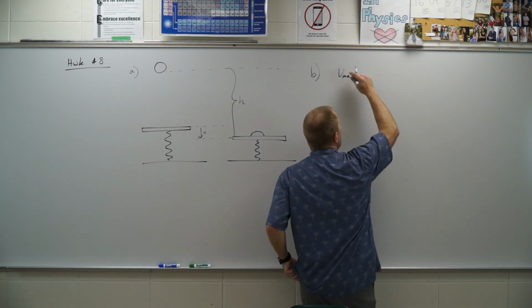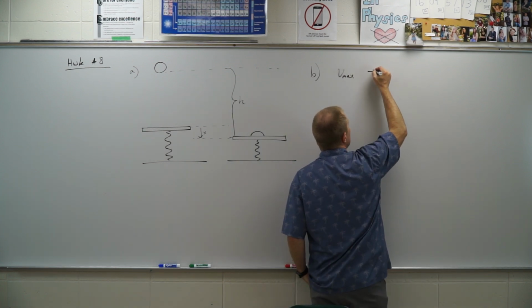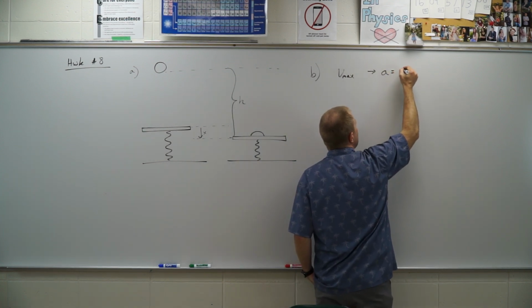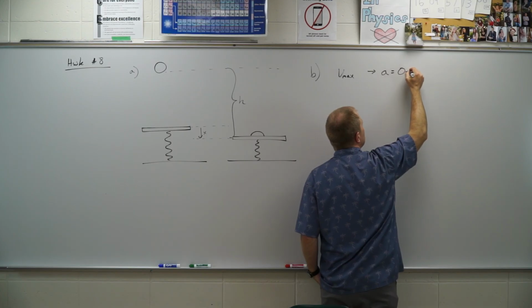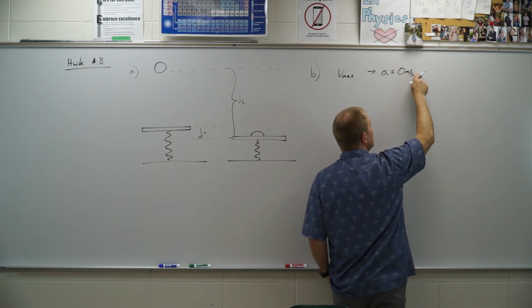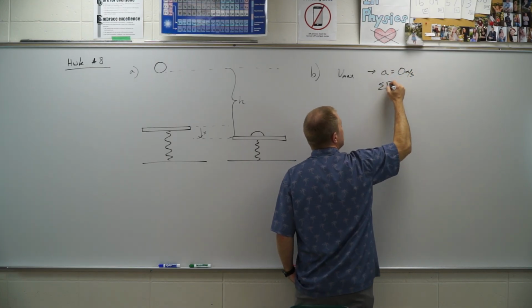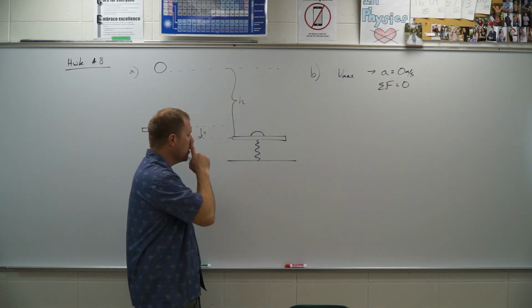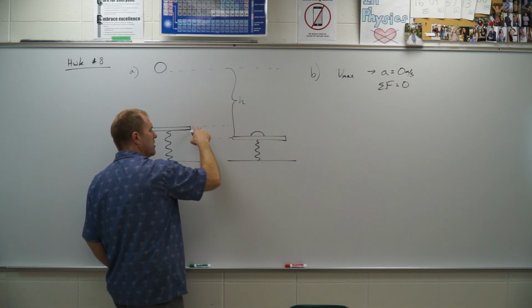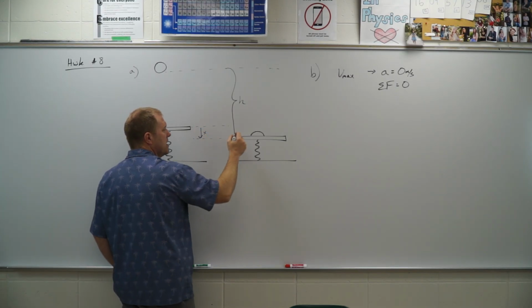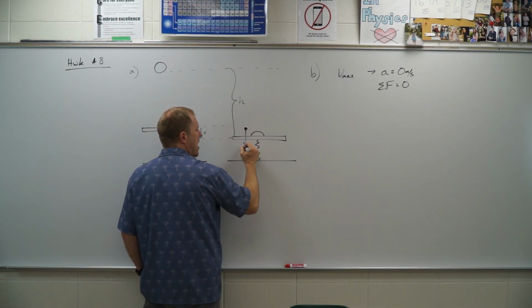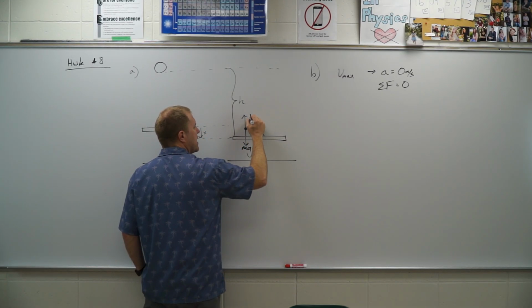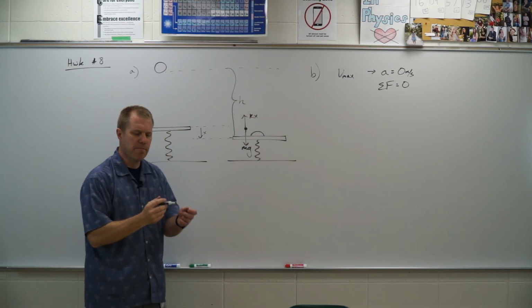And so I go, okay, the derivative of velocity, well, this is when the acceleration is equal to 0. Well, if the acceleration is equal to 0, that means the sum of the forces is also equal to 0. So at some point along this path as it's compressing, mg and kx are going to match.